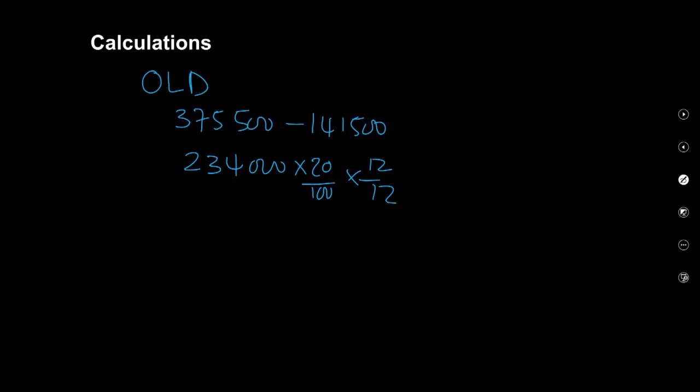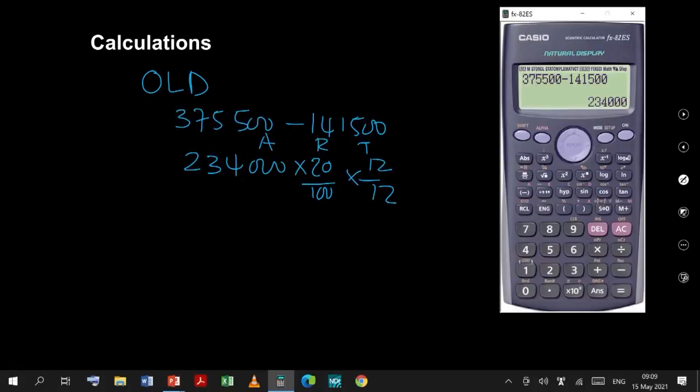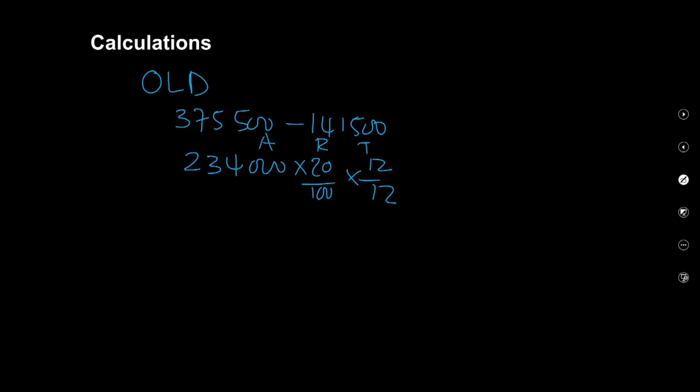Clearly, you can see we're using amount, rate, and time once again. 234,000 times 20% will be equal to 46,800. So 46,800 is the depreciation on my old equipment, right?